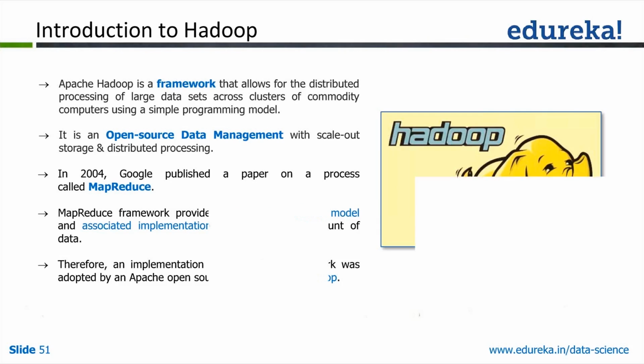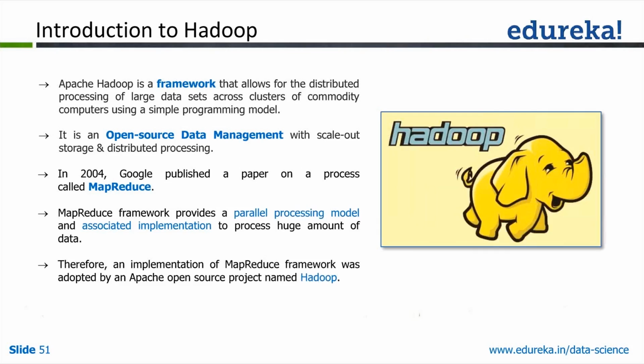And as I pointed out, there is a lot of material on your LMS website, which I strongly encourage you to go through so that you get more information about these tools.